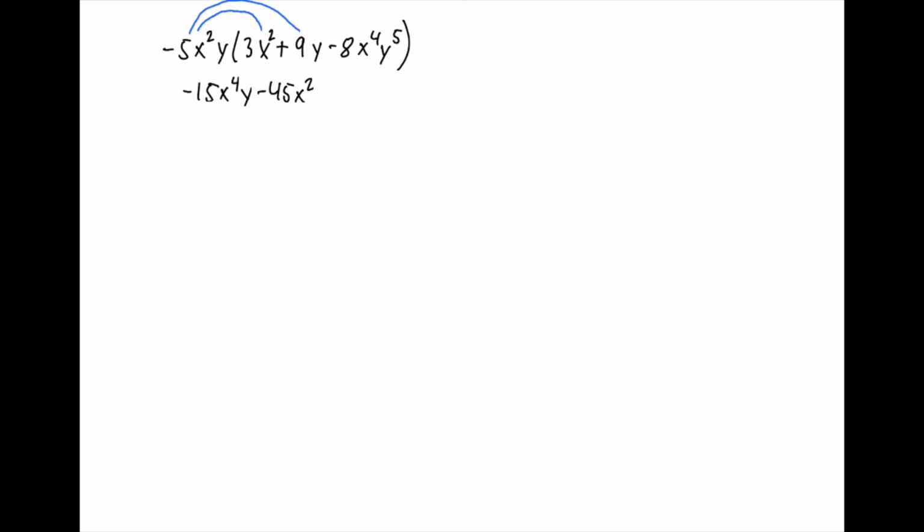Then y times y, so to the first, 1 plus 1 is 2, so y squared. Then negative 5x squared y times negative 8 x to the 4th, y to the 5th. So remember that negative times a negative will give us a positive.